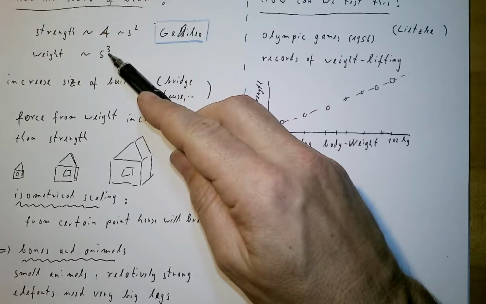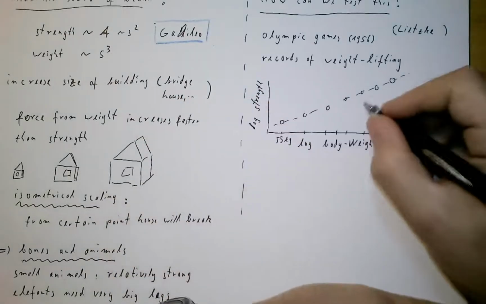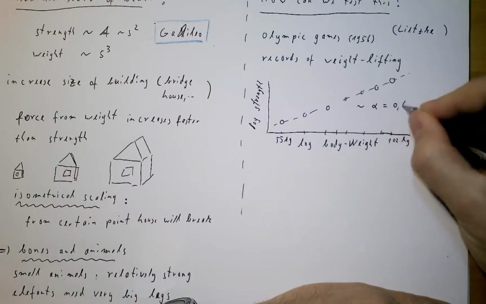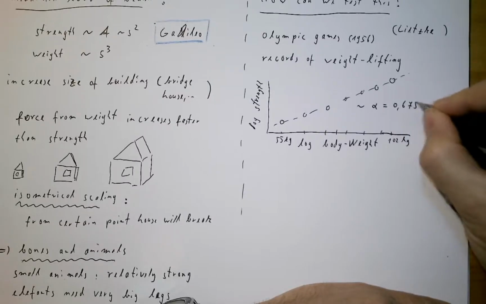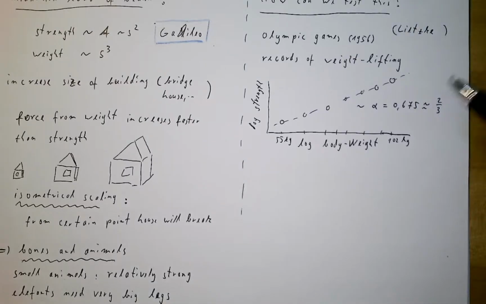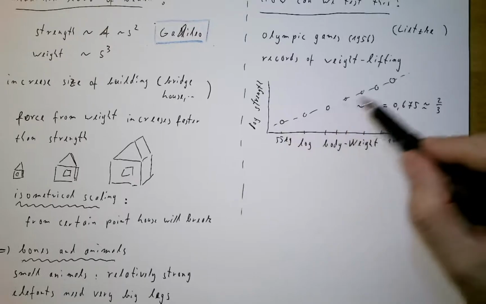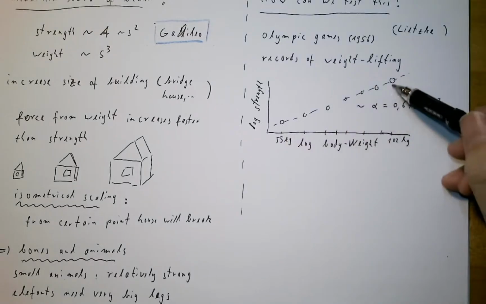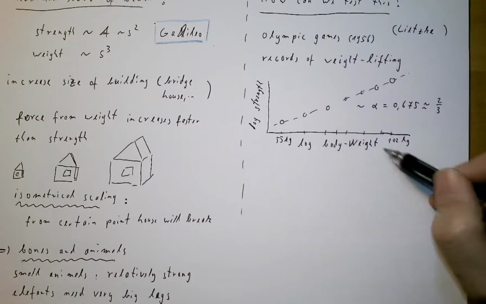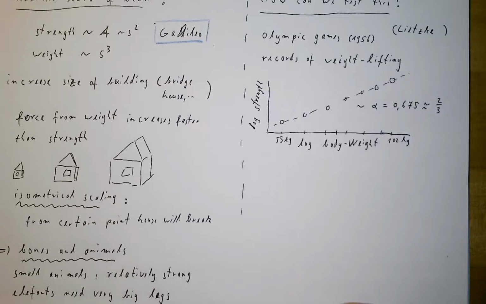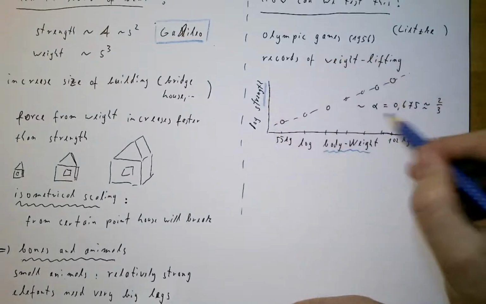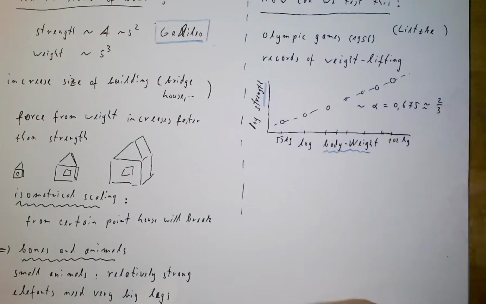We would expect an exponent of 2/3, and here the fit gave a number of 0.675, which is good enough, equal to 2/3. So really the weight a person was able to lift at the Olympic records was proportional to the body weight by a power law of an exponent 2/3.